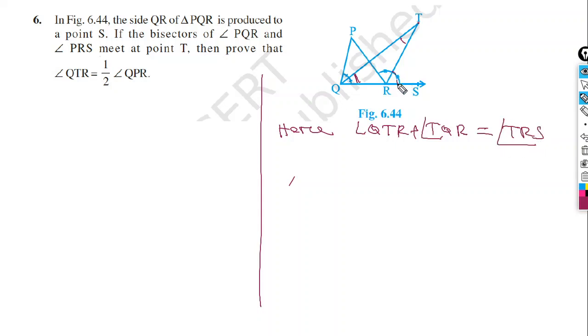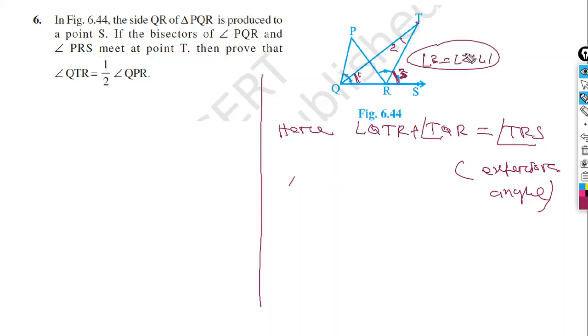Because angle TRS is the exterior angle of triangle TQR. We have the exterior angle property, in which the exterior angle is equal to the sum of the interior opposite angles. You can give it angle 1, angle 2 and angle 3. We have a property, thus angle 3 is equal to angle 2 plus angle 1. This is what we have written.